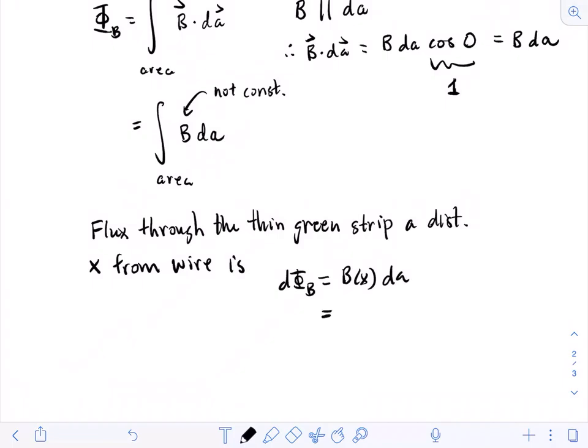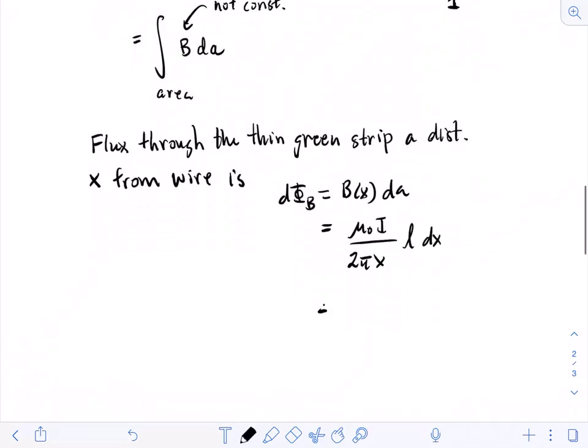B at x was mu naught I over 2 pi x, and dA was L dx, and so I'm going to write that as mu naught IL over 2 pi, and then it's dx over x.